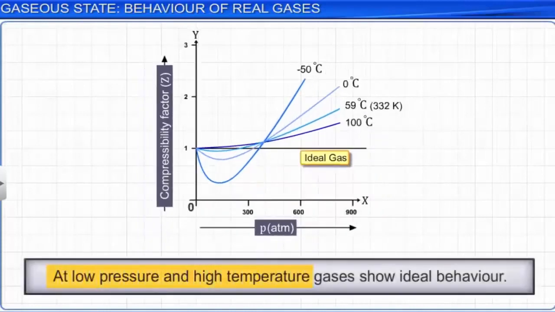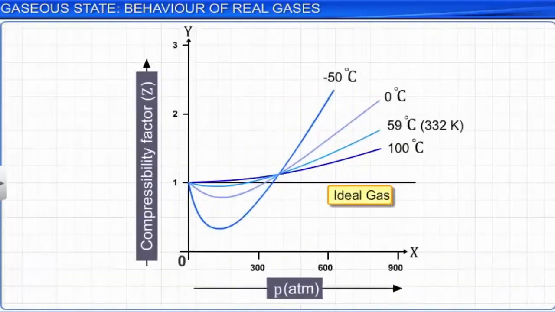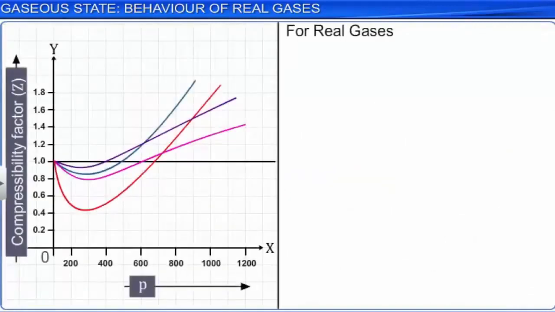Let us see another significance of the compressibility factor. We know that the compressibility factor for a gas is calculated as Z equals PV real divided by nRT.